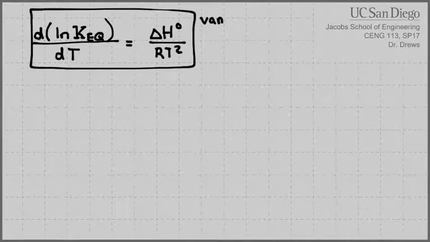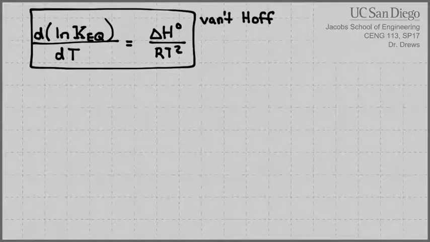This is called the Van't Hoff equation. And we're going to explore a little bit more about what the Van't Hoff equation implies about equilibrium on Friday's class.